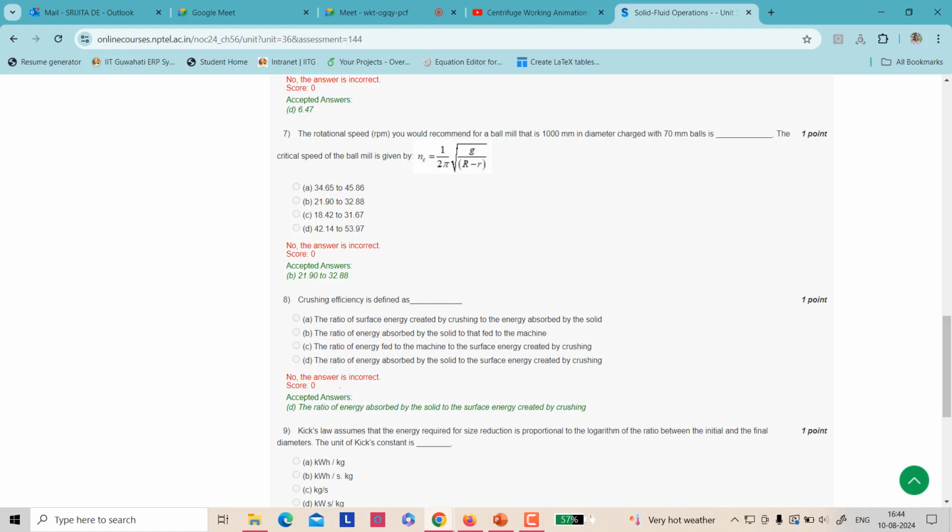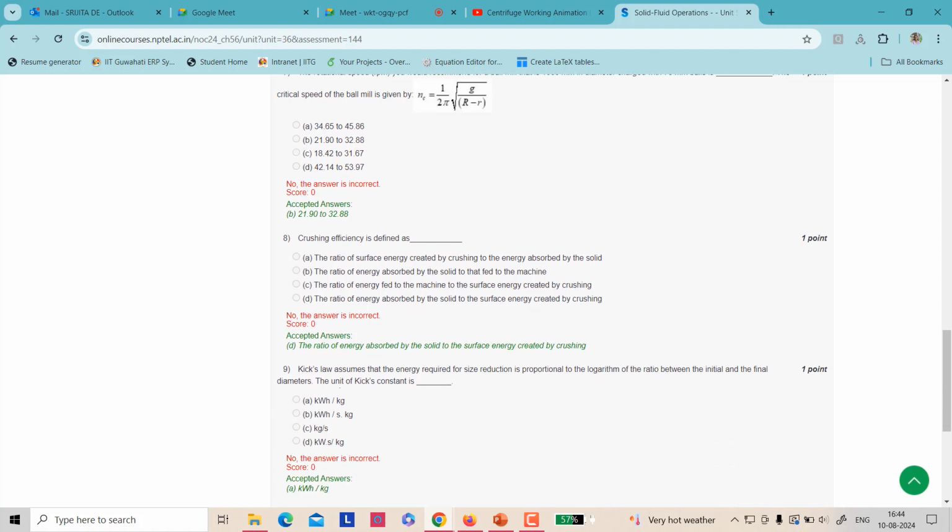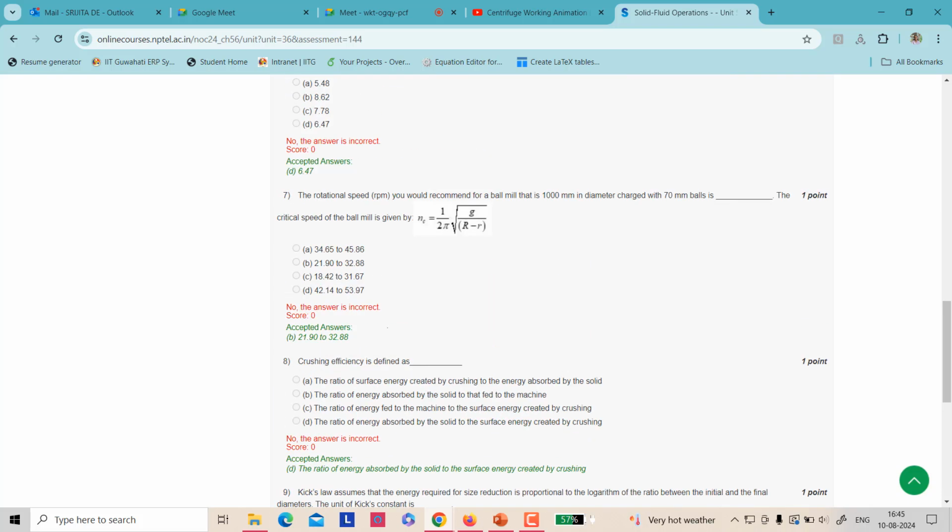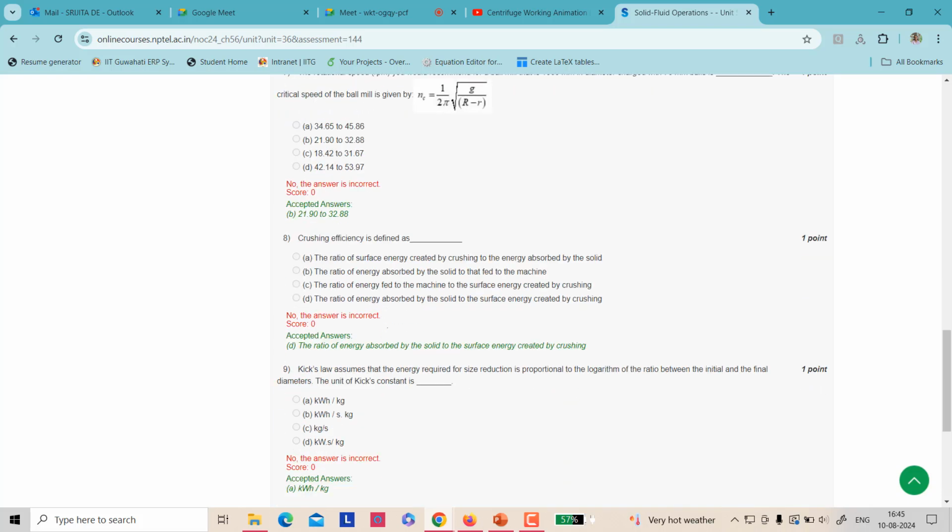Will the correction be done or not? I don't know, because you can mail in the NPTEL discussion forum, but it is not in my hand. I cannot tell them to correct it. So I have to raise it in the discussion forum, ma'am?